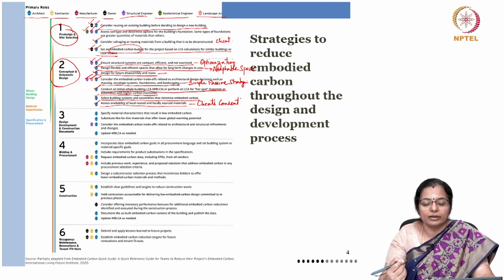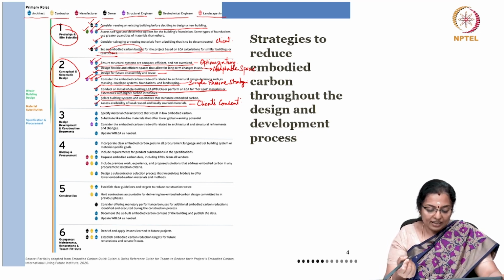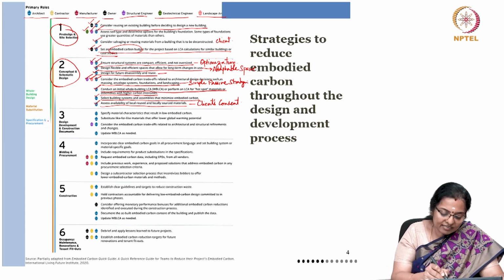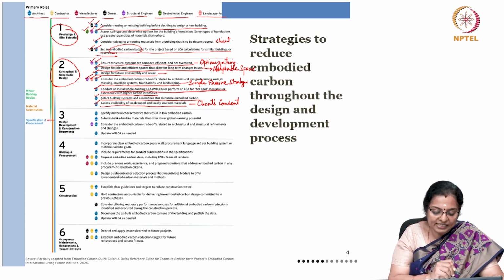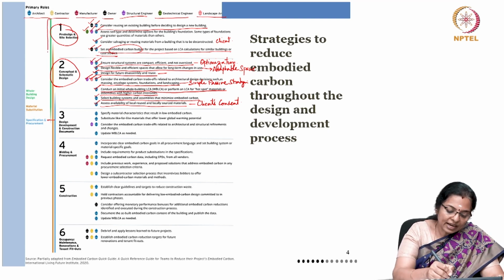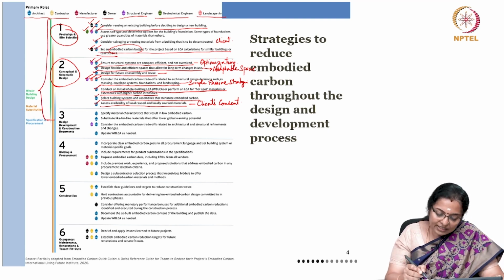Almost until here is called whole building design, which is what we have been seeing so far. A little of this is specifying material characteristics that result in low embodied carbon.